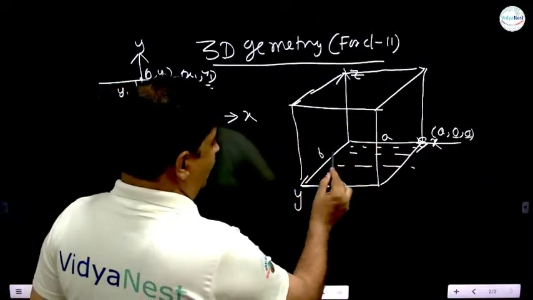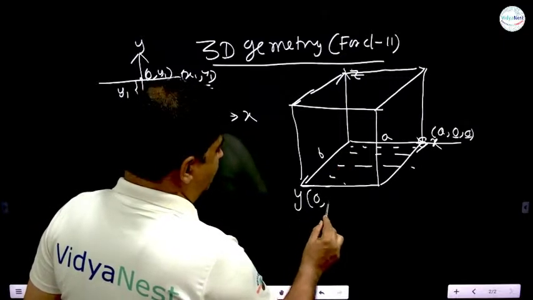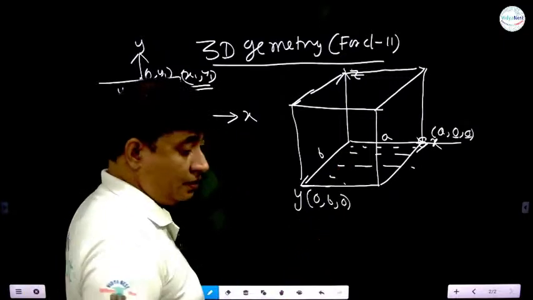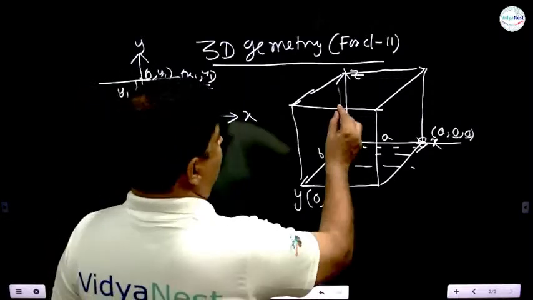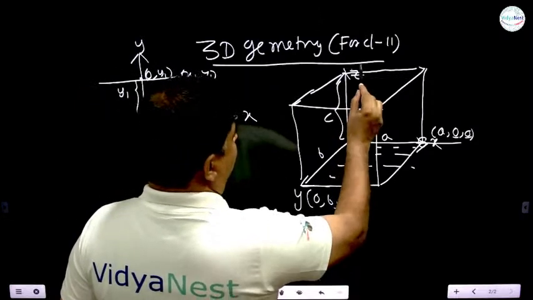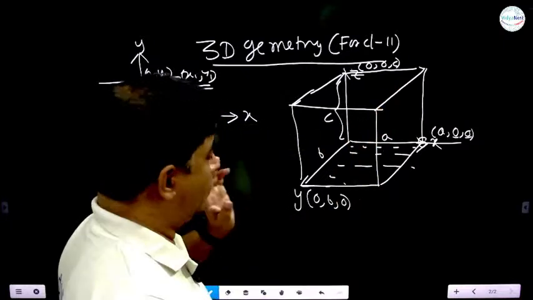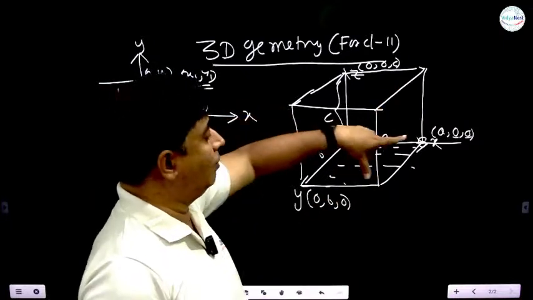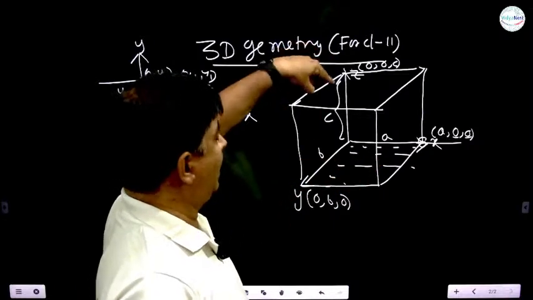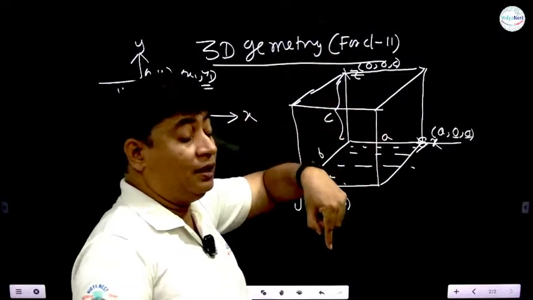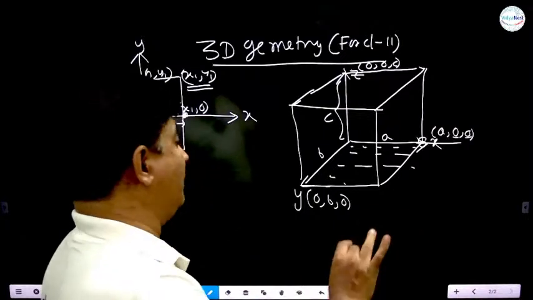Now if the length is B, that will be (0, B, 0). And if this length is C, then it is (0, 0, C). So if you wish, you can compare these three axes to those in your room. That is a 3D figure.